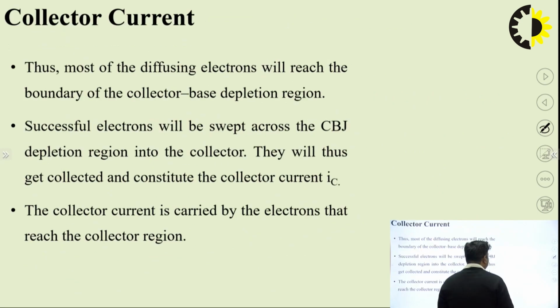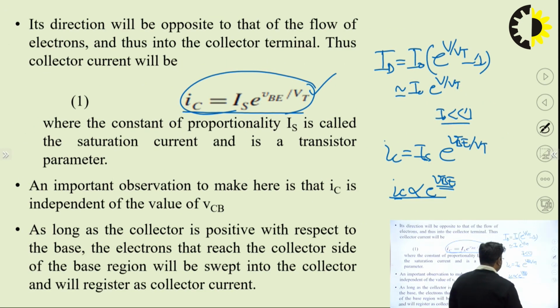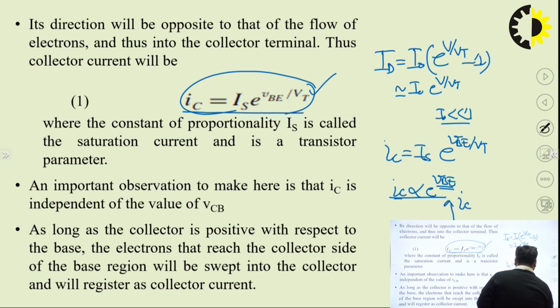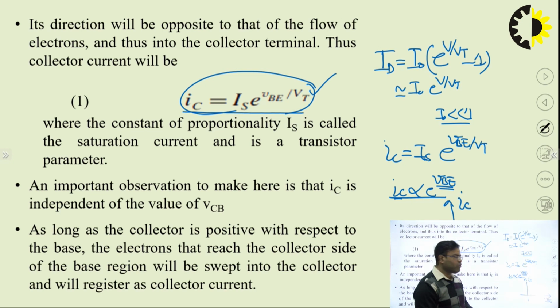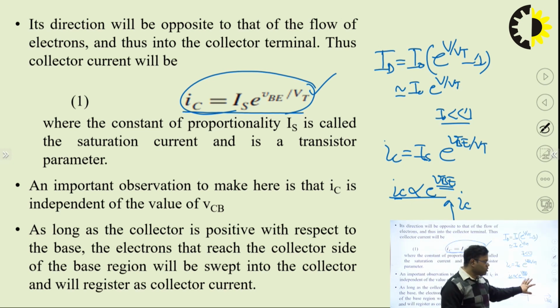It's an important result. If we wish to draw the characteristic curve between IC and VB in the active mode, where VB is the input voltage and IC is the output current, then we get a curve like this.